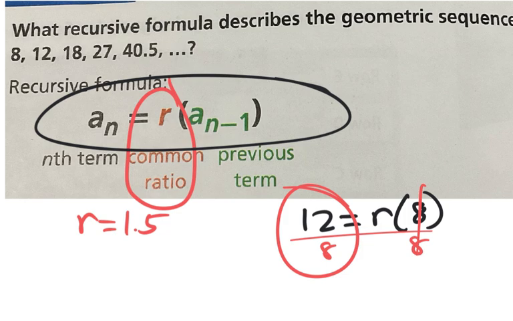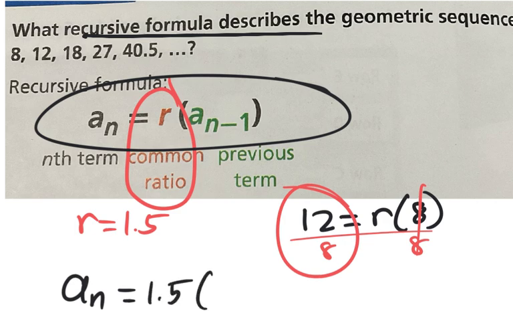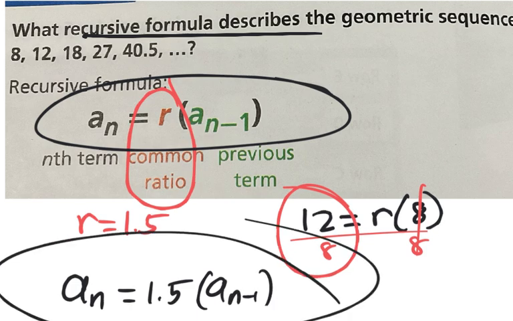So this is a very mathy way to just take this term and divide by the one in front of it, which I've already shown you. It's how you find the common ratio. So they started with a very simple example. If I had to write the recursive formula, this is what I would write: a sub n equals 1.5 times a sub n minus 1. That's it. That's my formula. All I need to find is the r.